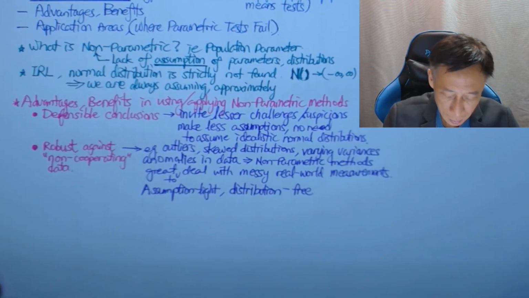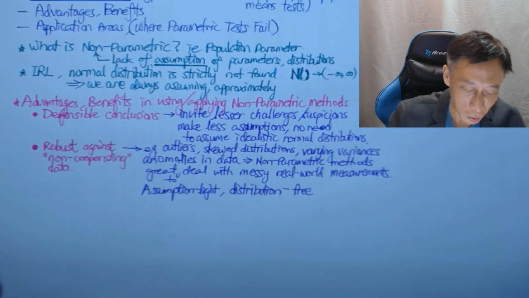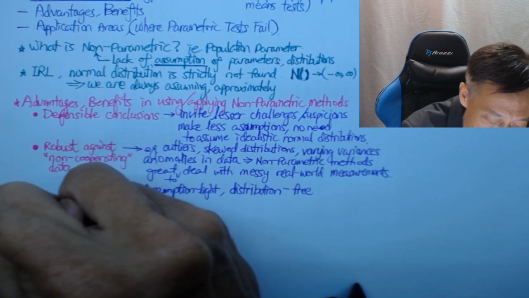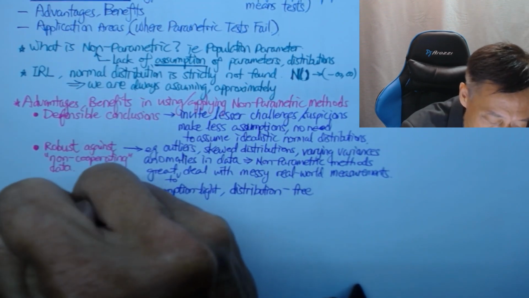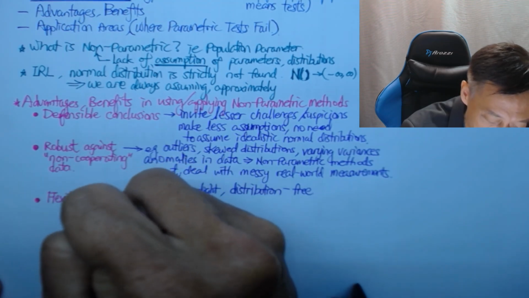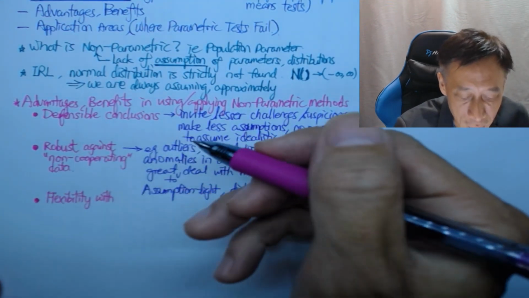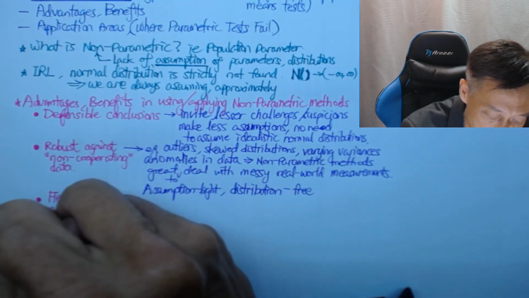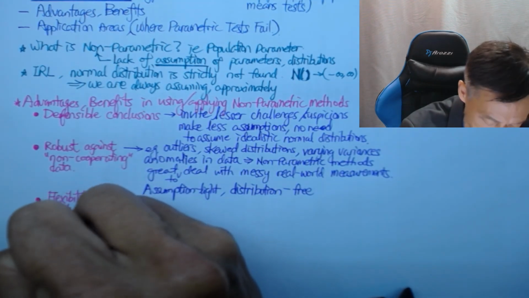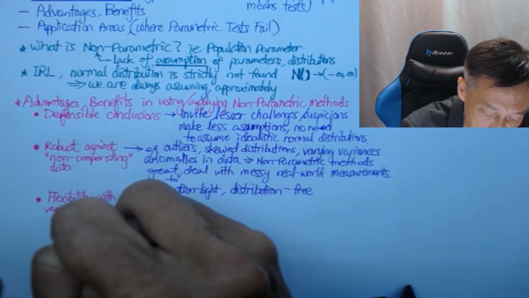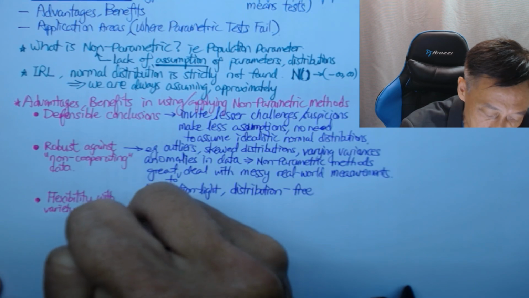And another point, seems like a lot of good points, right? Another point I like to bring up is the flexibility of non-parametric methods with a variety of data types.